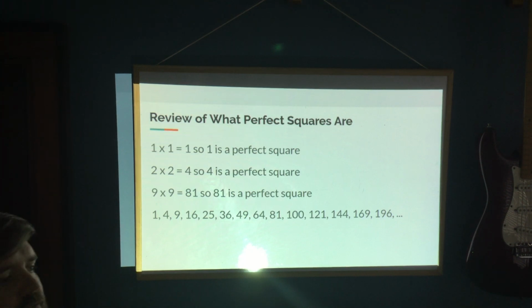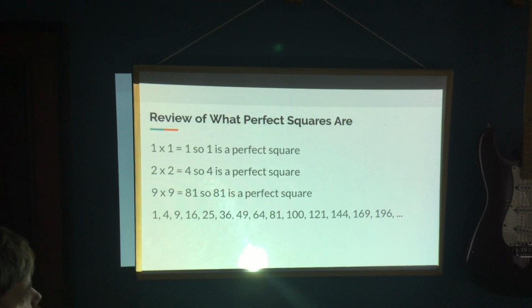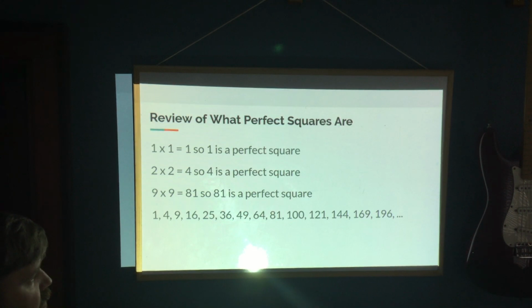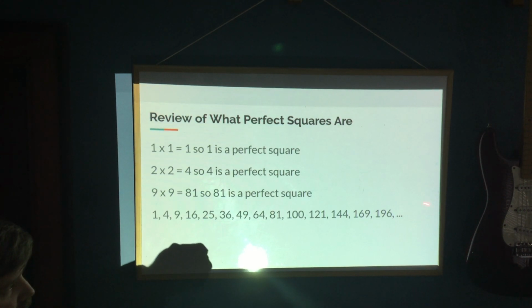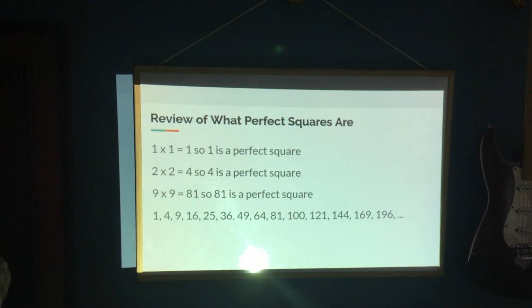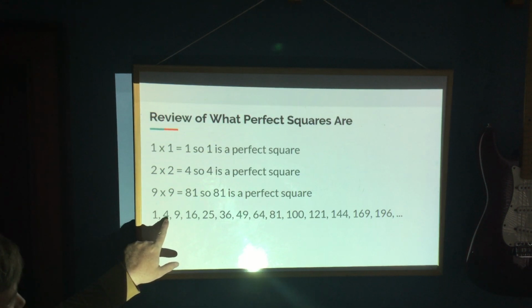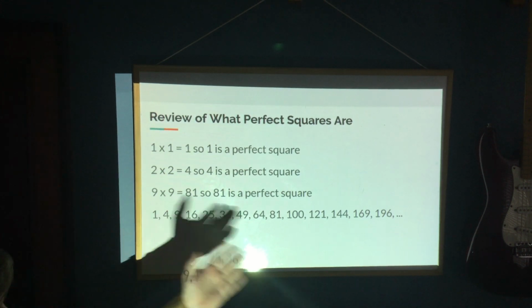In other words, if you take a number and square it, the result is a perfect square. 14 times 14 is 196. So 196 is a perfect square. So I kind of have a row of your first few perfect squares, but it doesn't have an ending. It goes on towards positive infinity forever. All right, so you got 1 squared, 2 squared, 3 squared, 4 squared, 5 squared, etc.